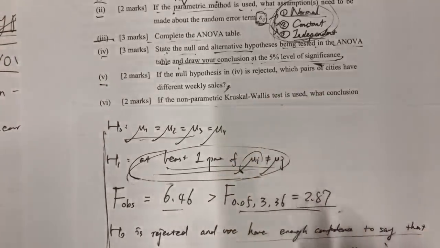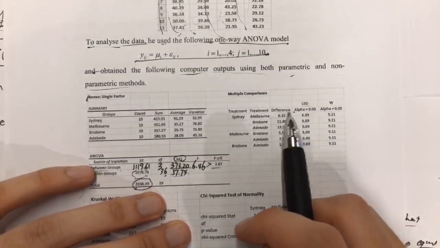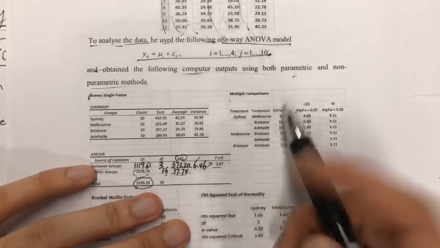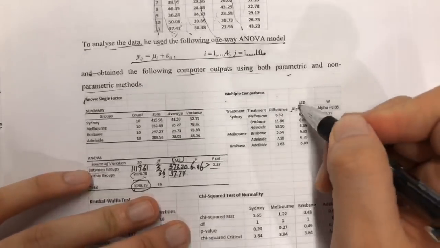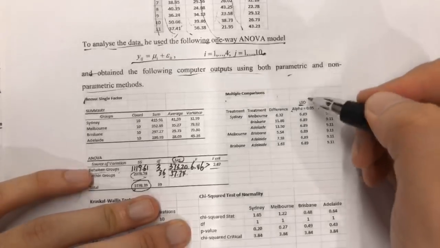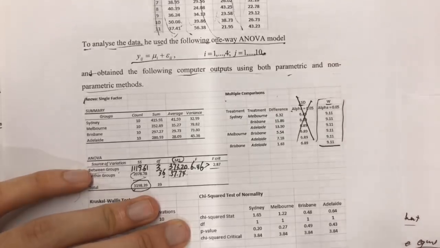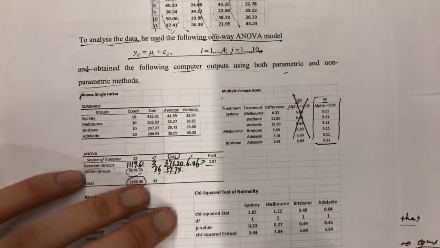So here we can see the multiple comparison results. One is LSD, the other is omega. So basically, we will be looking at this omega, right? LSD is not the one that we'll be looking at.